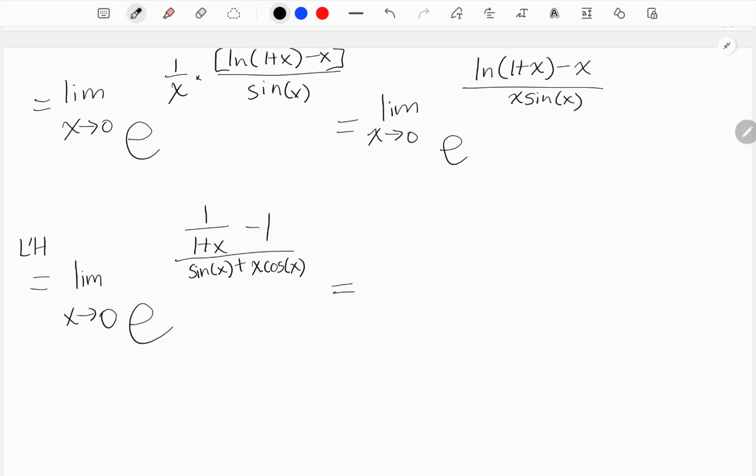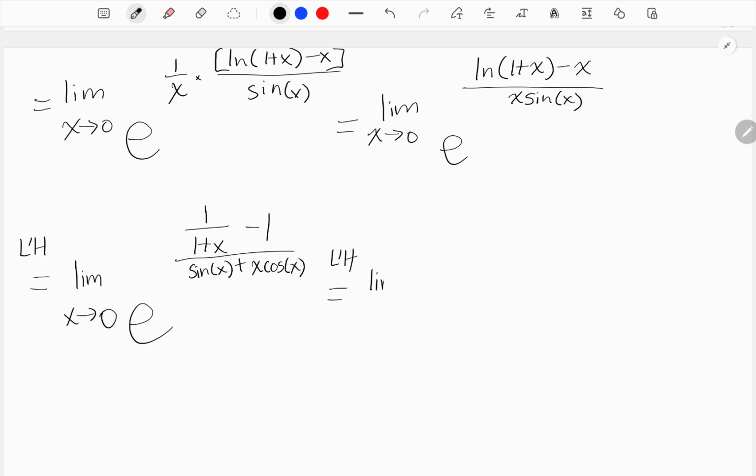Unfortunately, if I plug in x equal to 0 again in this numerator, I get 1 minus 1, which is 0, and in the denominator sine 0 is 0, plus 0 times cosine 0, which is 0 times 1, so 0. This is again indeterminate, but that is okay, because as long as we get an indeterminate form, we can keep on using L'Hopital's rule.